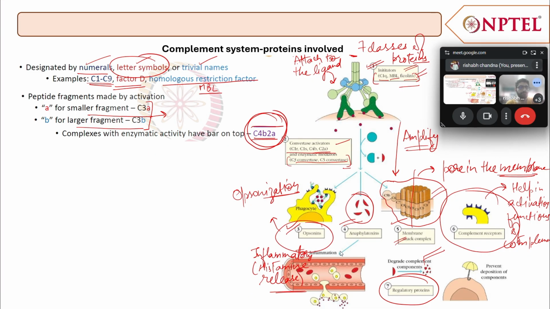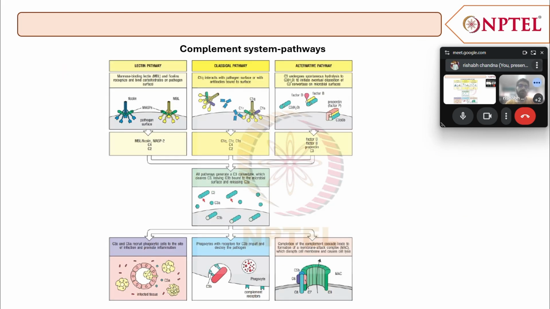So the seventh class is the regulatory proteins in the complement pathway. Here are the seven classes of proteins. All of the complement system will revolve around these seven classes of proteins. Now we'll move forward to see how these complement pathways actually function.